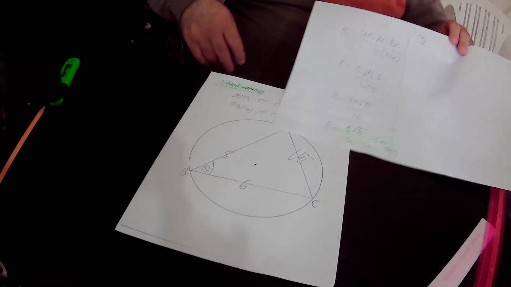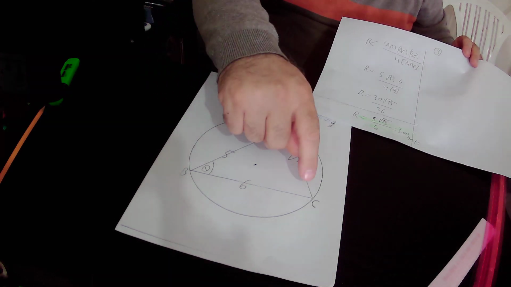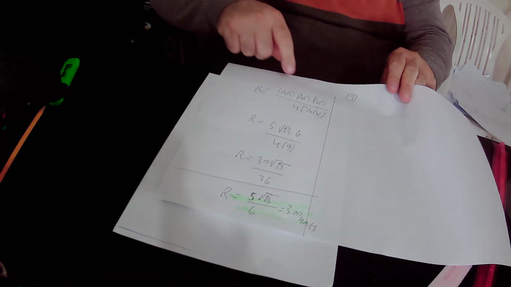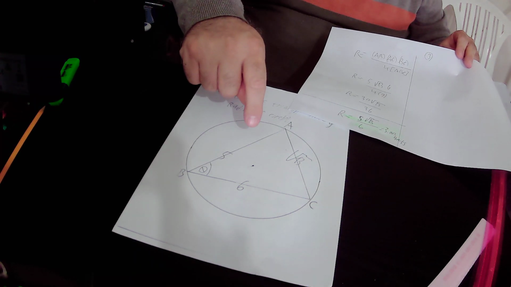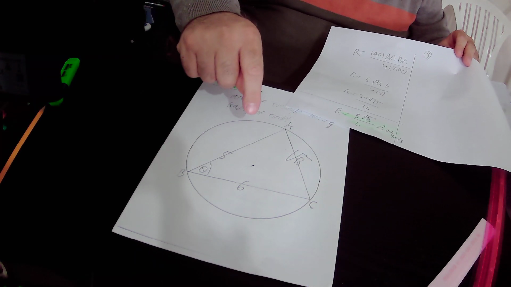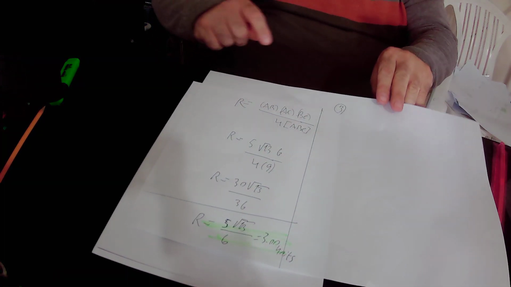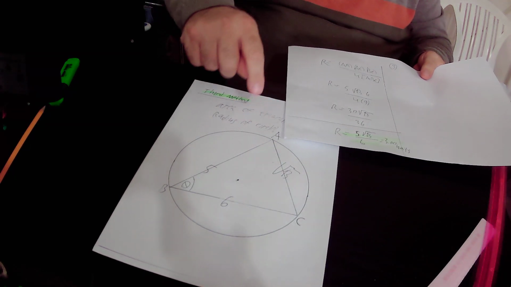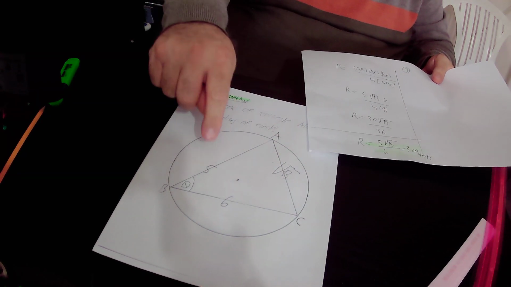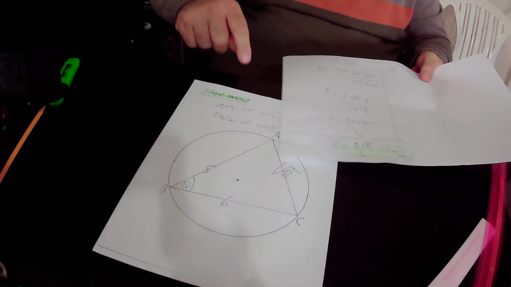In this case, this triangle ABC, and the multiplication of its sides is AB times AC times BC, over 4 times the area of triangle ABC. So the radius of this circle equals the multiplication of the sides of the triangle over 4 times the area of this triangle, triangle ABC.